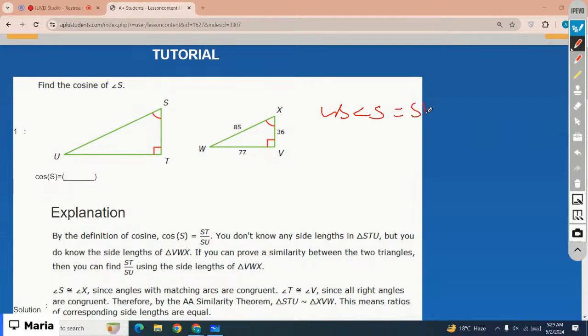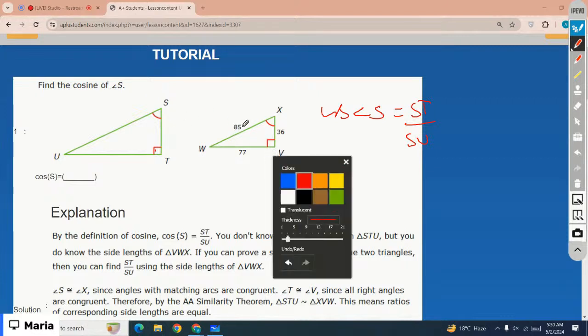So that would be ST divided by SU, right? So the triangles are similar, right? That means angle S is congruent to angle X, angle T is congruent to angle V, right?